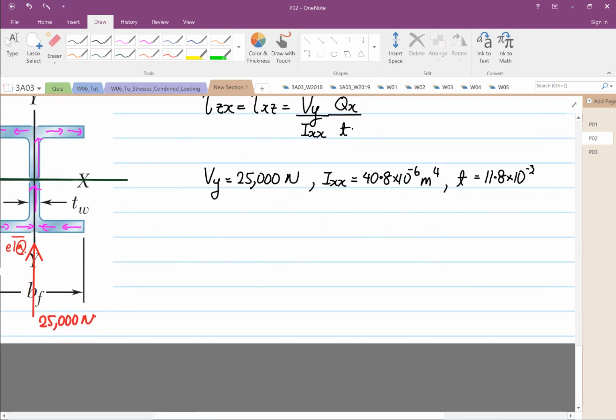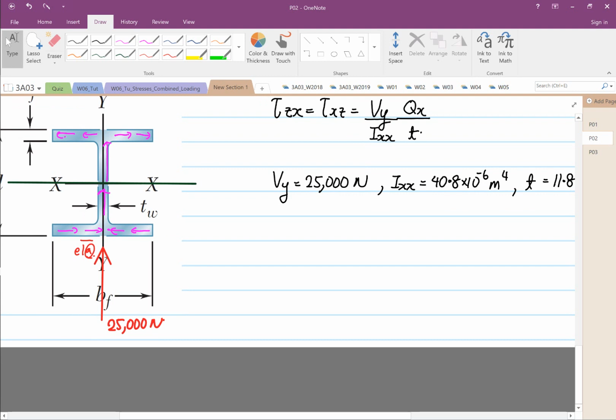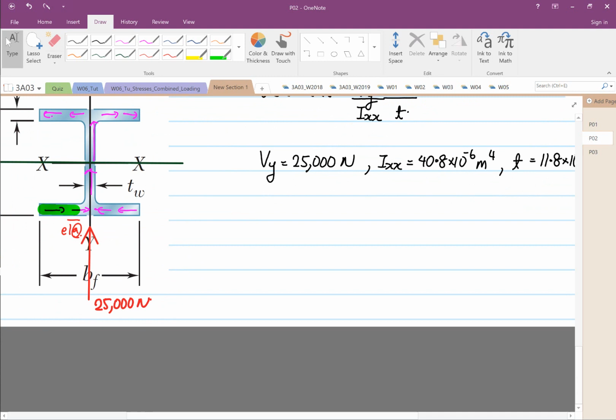Okay, so next is Qx. Where do we want to calculate Qx? This is the point of interest, up to here. So we're going to find Q about the x-axis, which is equal to A y bar.